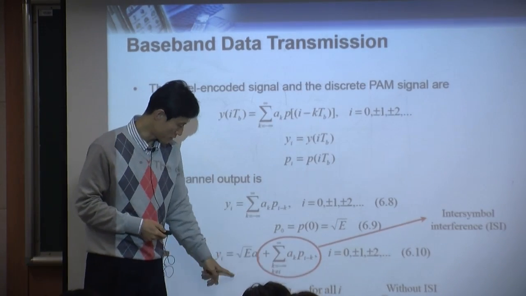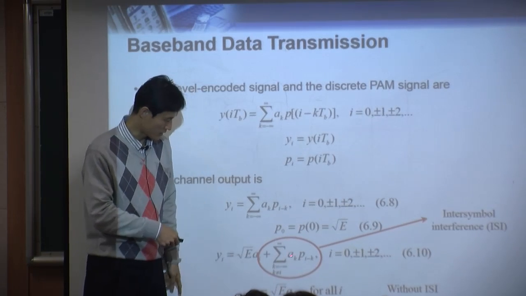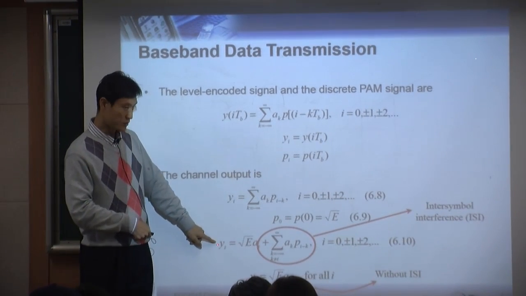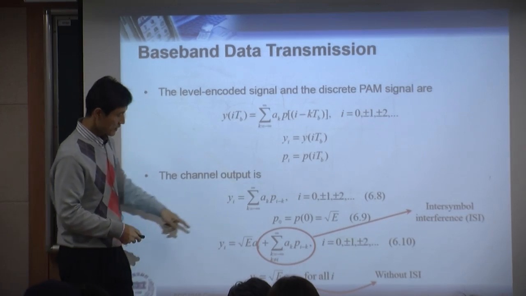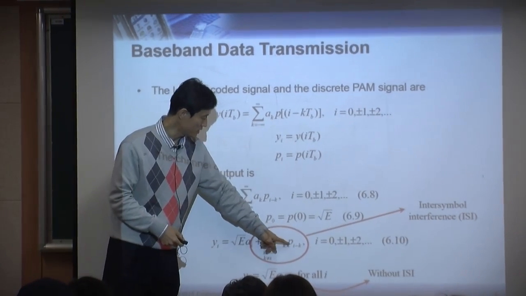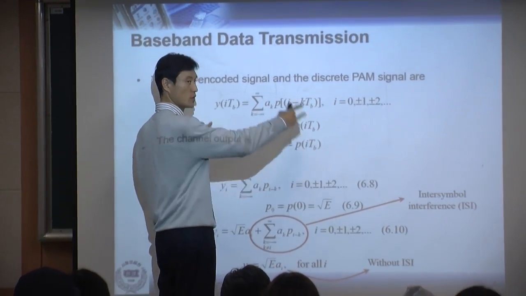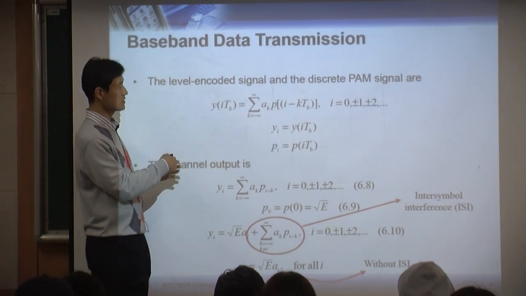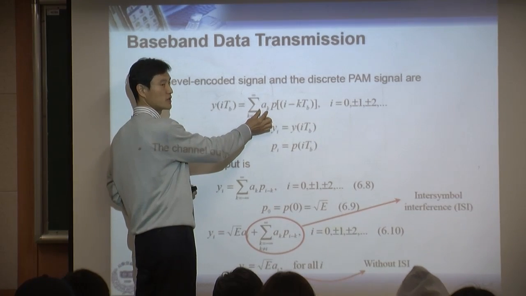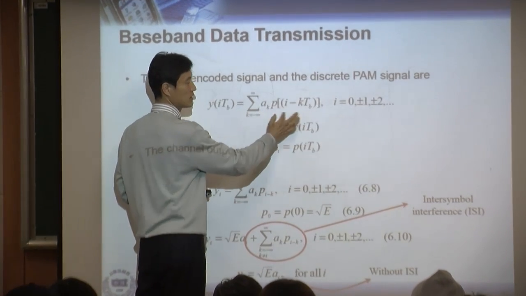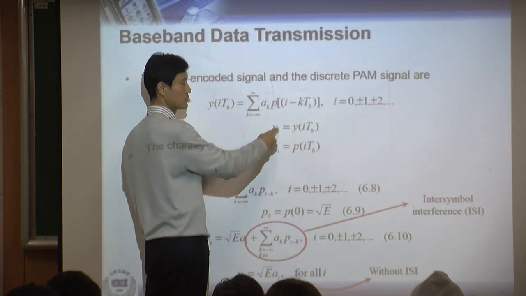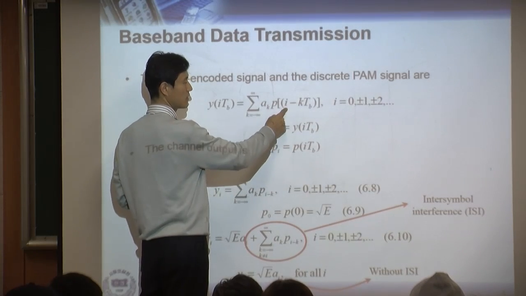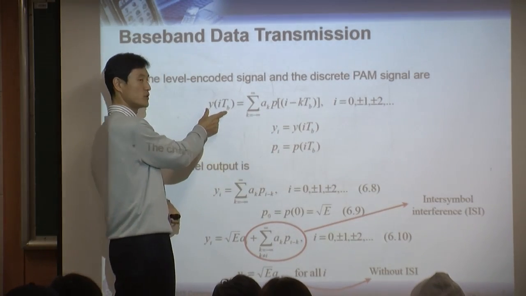So this is the input, Ak. Yi is the output of the red box. And p(t) is the red box as a whole, right? So this particular relationship is a convolution of input Ak and p(t). p(t) is the red black box. So that is a convolution. That's going to be the output Y.